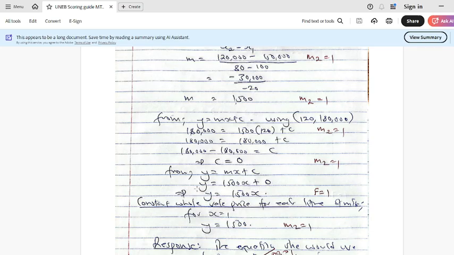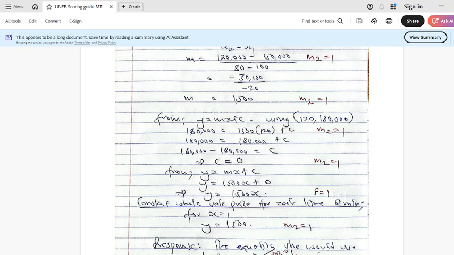So we are saying y equals mx, and we use the other last point, 120 liters and 180,000 shillings, the last point in the table which we didn't use in our equation.